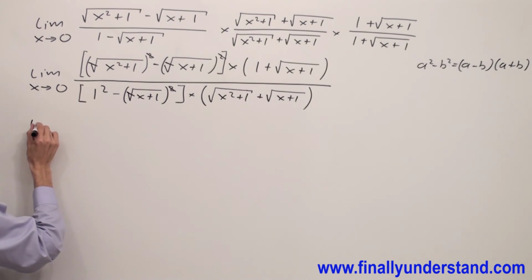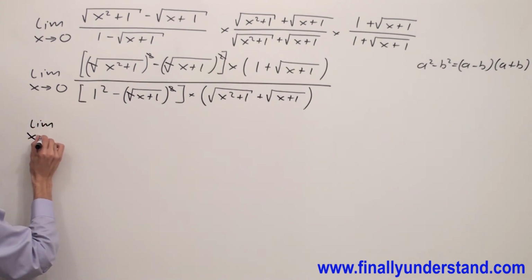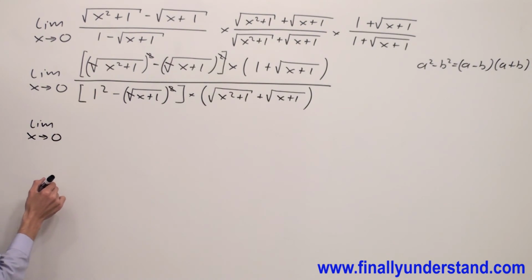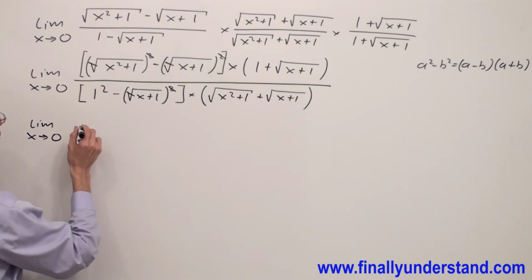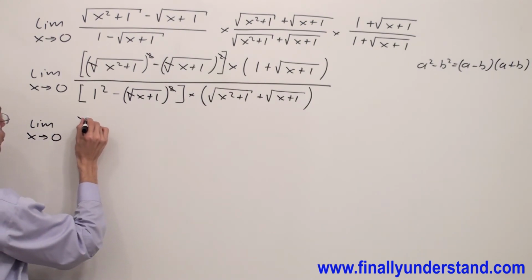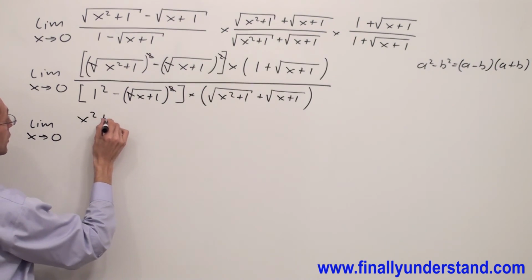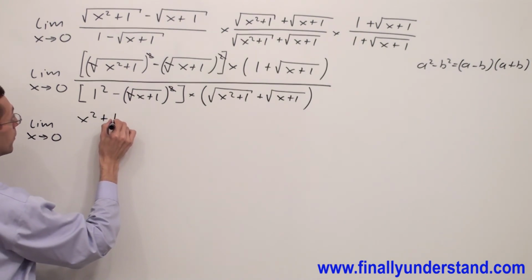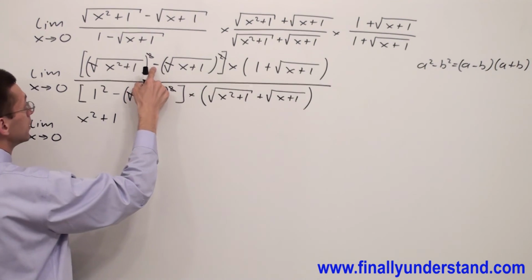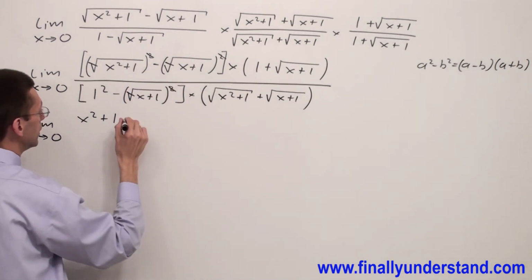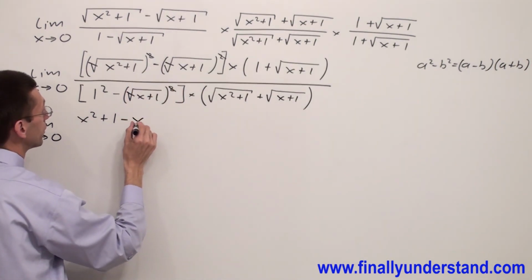I have limit x goes to 0, and we have x squared plus 1. Negative times positive gives me negative x.